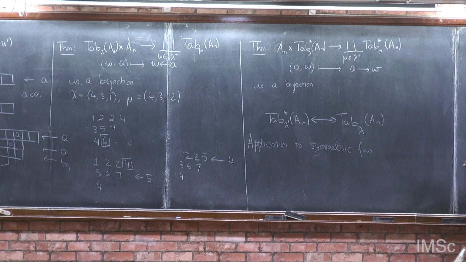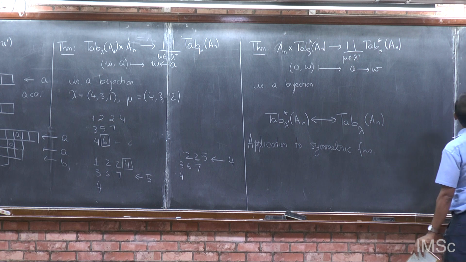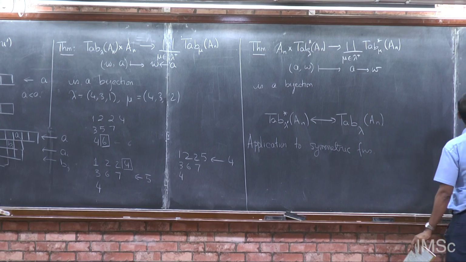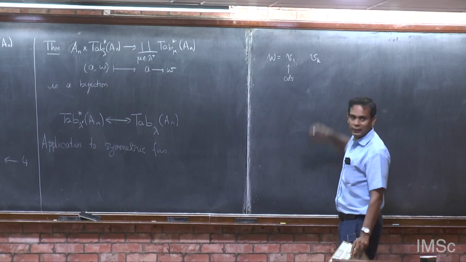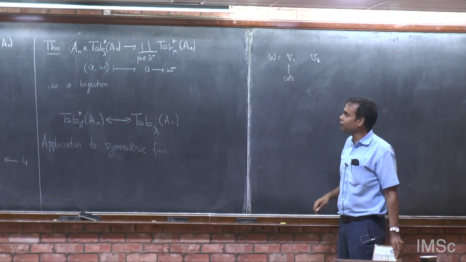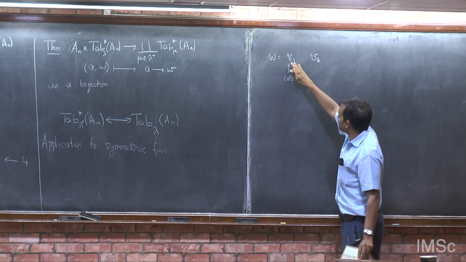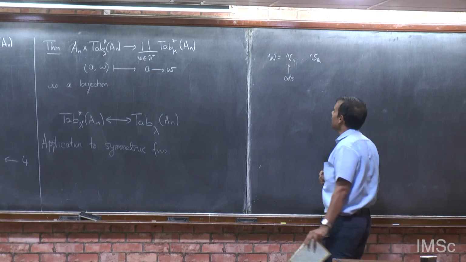A word is called a dual tableau if you have W and you can write it as V1, V2, up to V k, where these are columns, and this is called the column decomposition if these are maximal columns. So, if you concatenate two of them, it is not a column anymore.